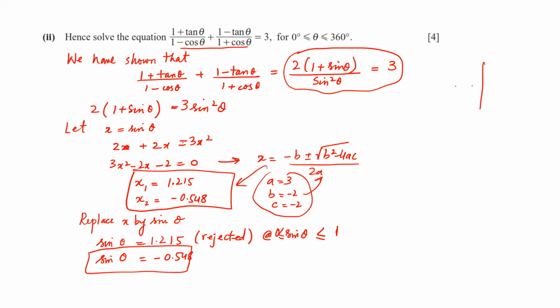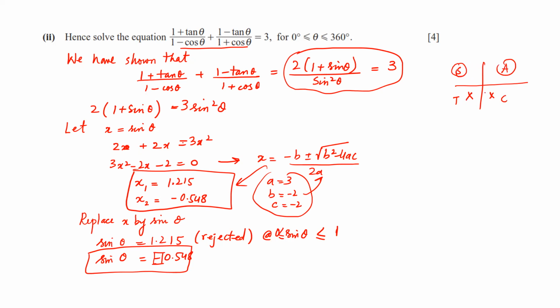So remember the four quadrants: all positive, cosine positive, tangent positive, sine positive. Since this is a negative value, our angles will lie in quadrants where sine theta is negative. So it will lie here and here. These are the positive values, so we do not have values in the upper quadrant.